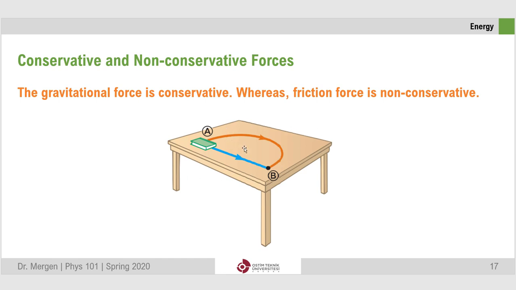Always recall this example when you have difficulties remembering which are the conservative and the non-conservative forces. Since the work done by the friction force is dependent on the length of the path, the friction force is non-conservative. But the gravitational force is conservative because it is independent of the length of the path.